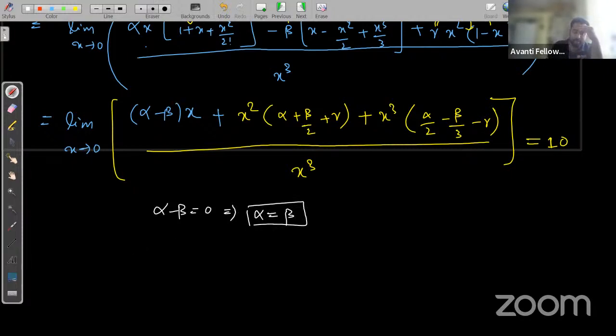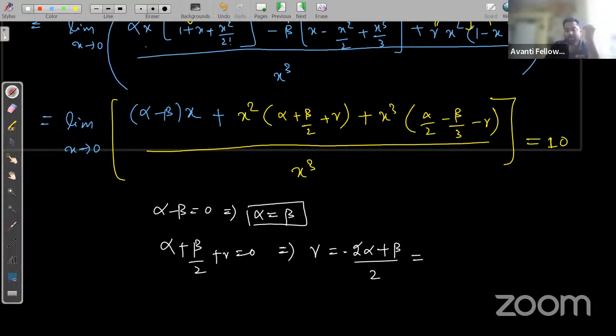And second thing, alpha plus beta by 2 plus gamma equal to 0, if I'm taking. So finally here I'm getting gamma is equal to minus 2 alpha plus beta by 2, and in place of beta, we can substitute alpha also.